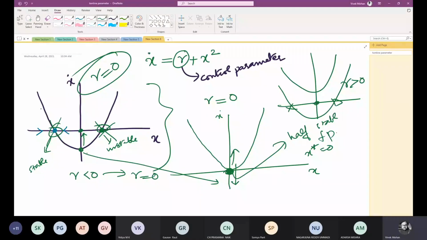That is why we call this an extremely delicate point, because in the two different directions of variation of the control parameter, the qualitative structure of the dynamics completely changes. They're totally different in the two directions.